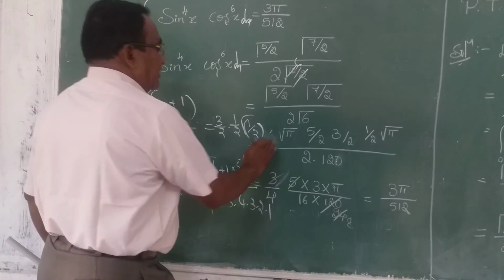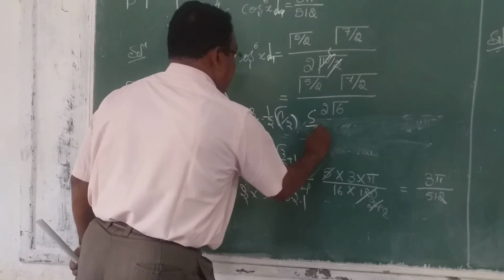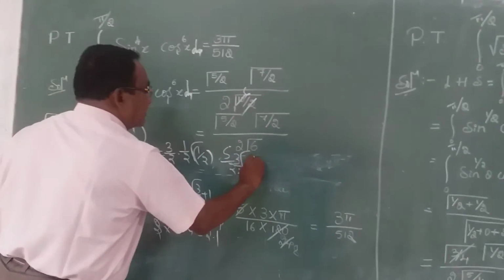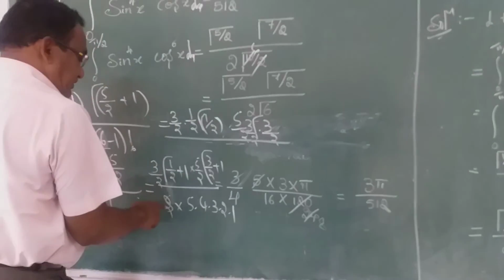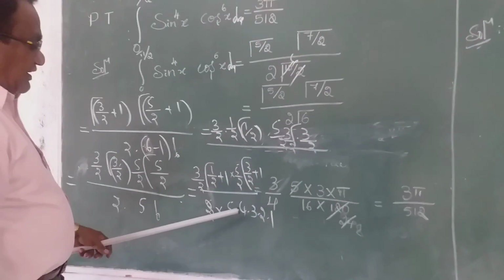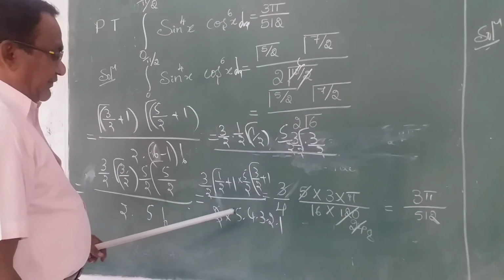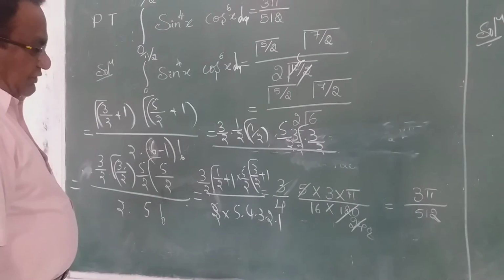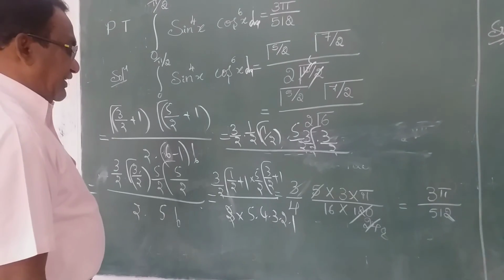And similarly here 5 by 2, once again 5 by 2 you write it as it is, into gamma 3 by 2 plus 1, it is 3 by 2 into gamma 3 by 2, divided by this, 5 fours are 20, 20 twos are 40, 40 threes are 120 we get.